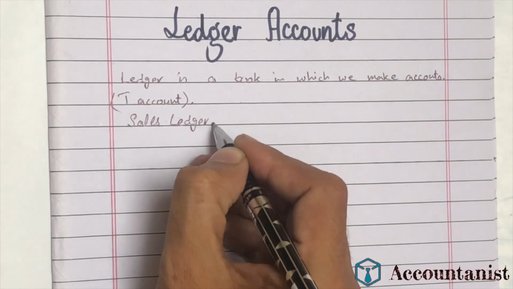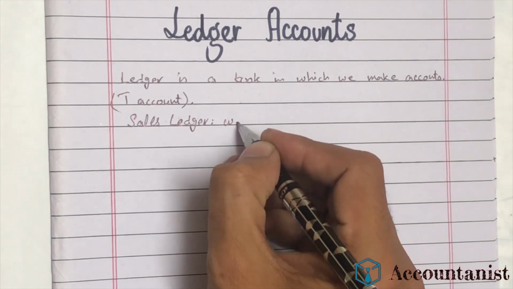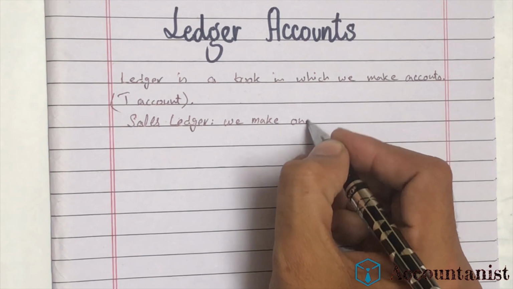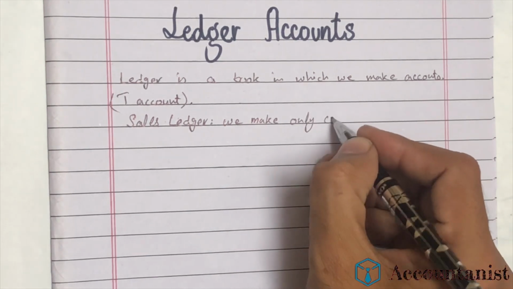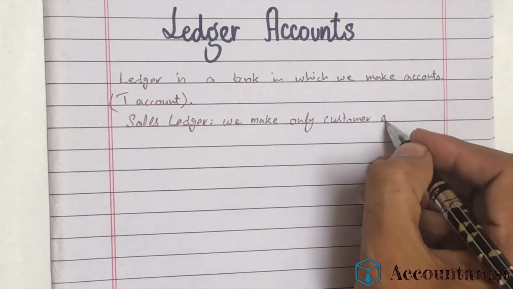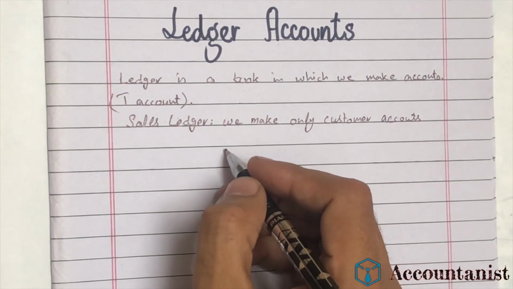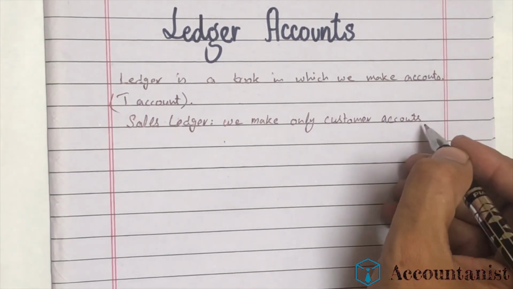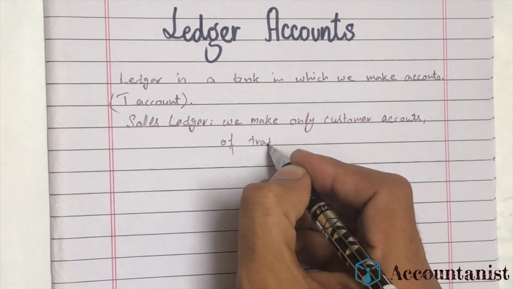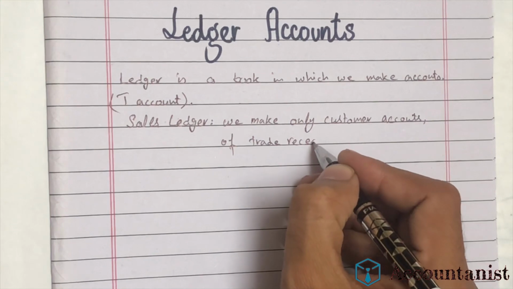The sales ledger is the book in which we make only customers' accounts, which means we only make the accounts of trade receivables, the persons that we are supposed to receive the money from.